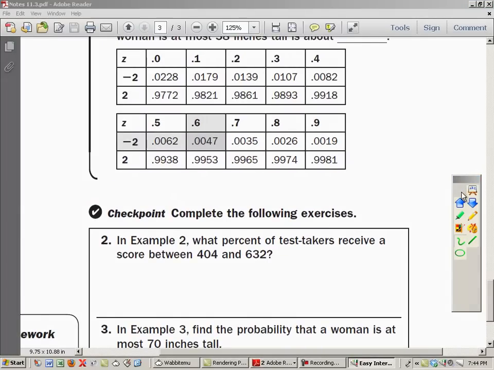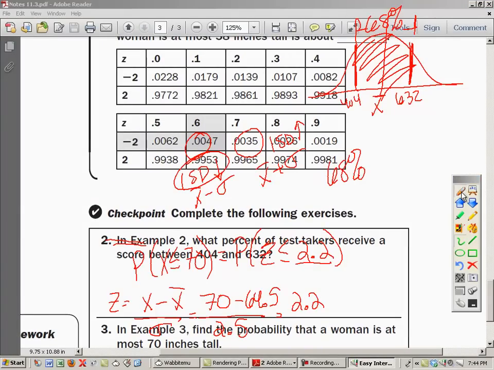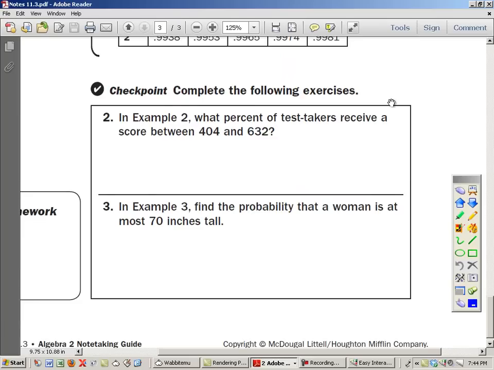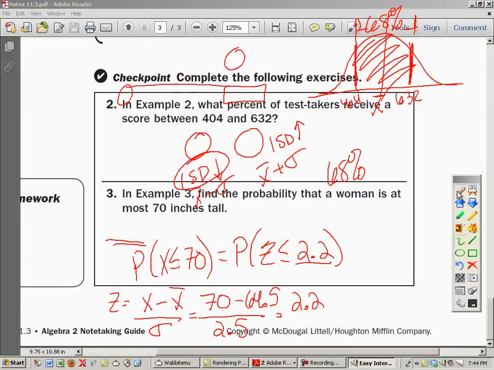Right here is 2.2, and that says the probability that the z-score is less than 2.2, which is also the probability that the height is less than or equal to 70 inches, is 0.9861. So let's go back down here. This becomes 0.9861.